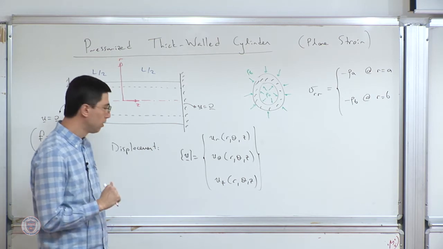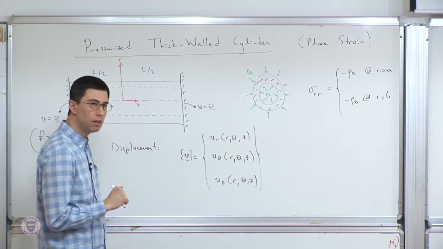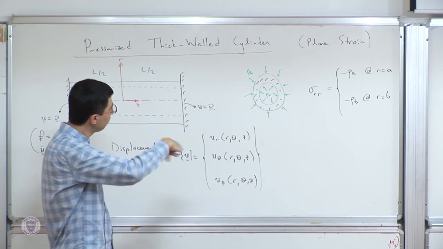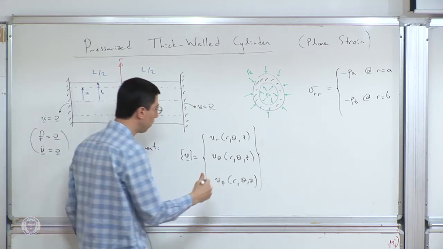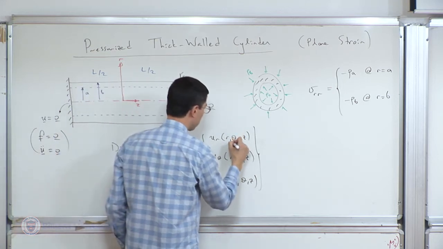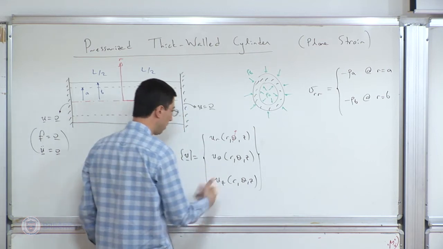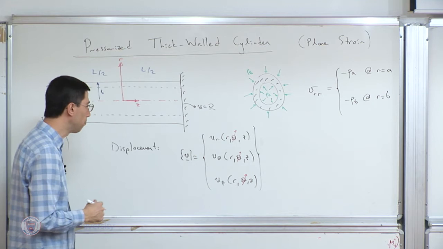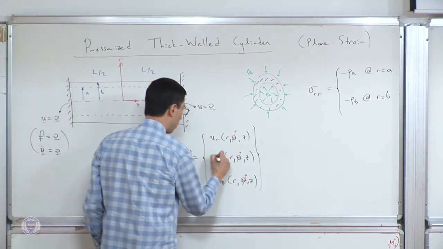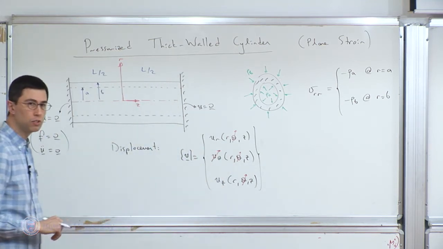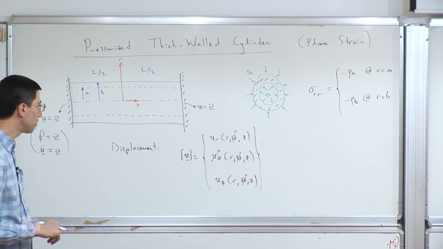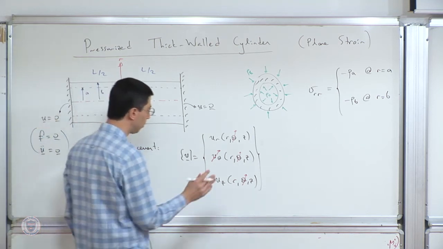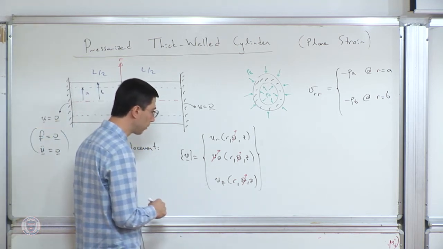Now obviously we have rotational symmetry, so I'm quite confident that there is no dependence on theta for any one of these components. In fact, for the angular displacement, we can immediately say that it does not exist at all. So it's not there to begin with.